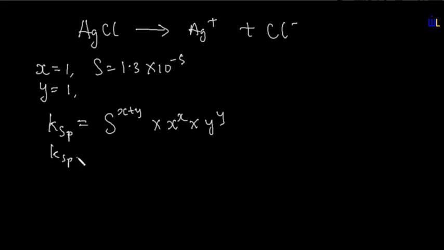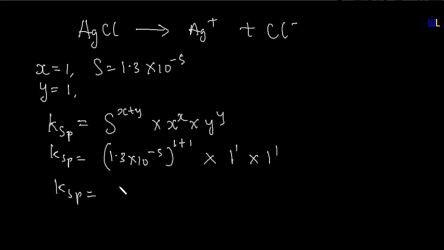So Ksp would now be, what's the solubility? 1.3 times 10 raised to the power minus 5, all raised to the power, what is x? 1. Plus, what is y? 1. Times, x is 1 raised to the power 1, times 1 raised to the power 1. So the solubility product is going to be 1.3 times 10 raised to the power minus 5, raised to the power 1 plus 1 which is 2, times 1 times 1.